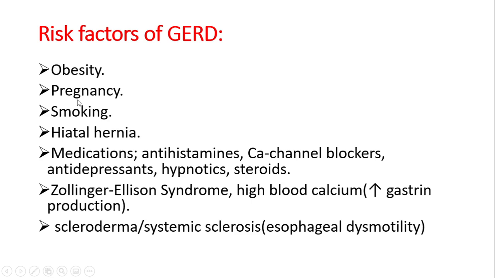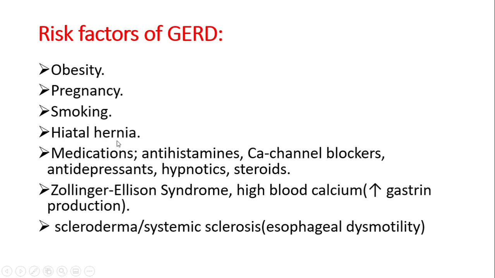Pregnancy: pressure of the gravid uterus on the stomach results in regurgitation or a feeling of acid taste in the mouth. Smoking also impairs the reparative capacity of the mucosal epithelium of the stomach and esophagus, both of them.